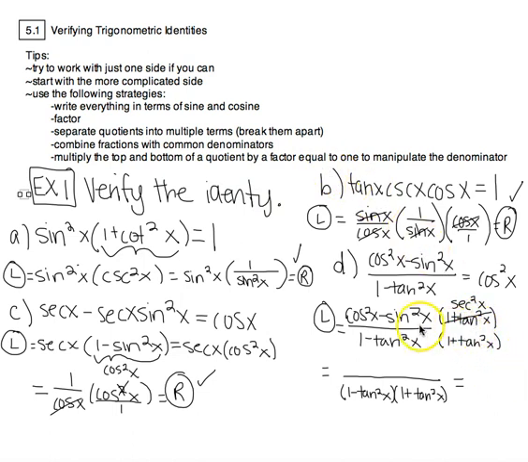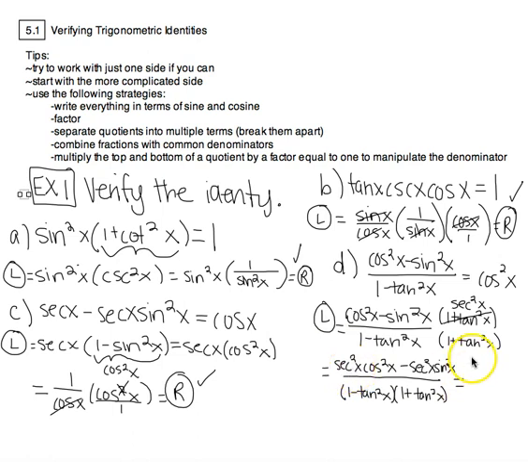And what that gives me then on the top is secant squared x cosine squared x, because I'm distributing the secant squared, minus secant squared x sine squared x. And so then I'm going to manipulate the top because secant is the reciprocal of cosine.